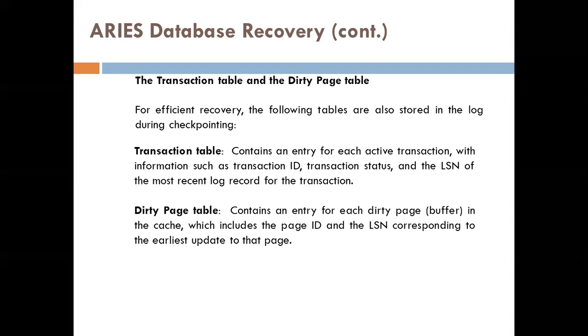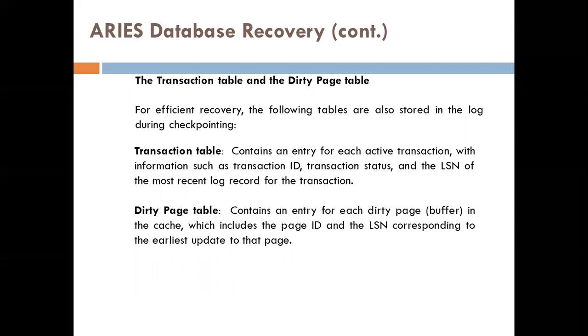For efficient recovery, certain tables are used by this ARIES protocol during the log checkpointing. One is the transaction table. This transaction table contains an entry for each active transaction with information such as its transaction ID, its status, and the last log sequence number, the most recent log record of that particular transaction.